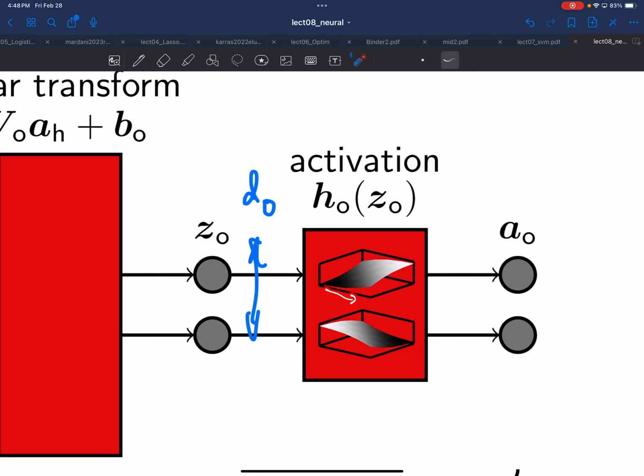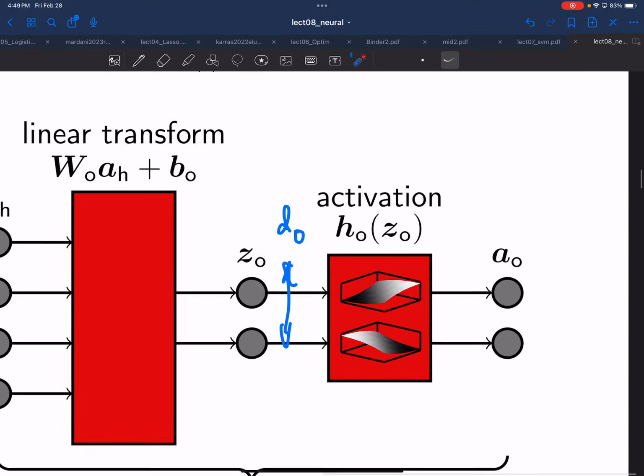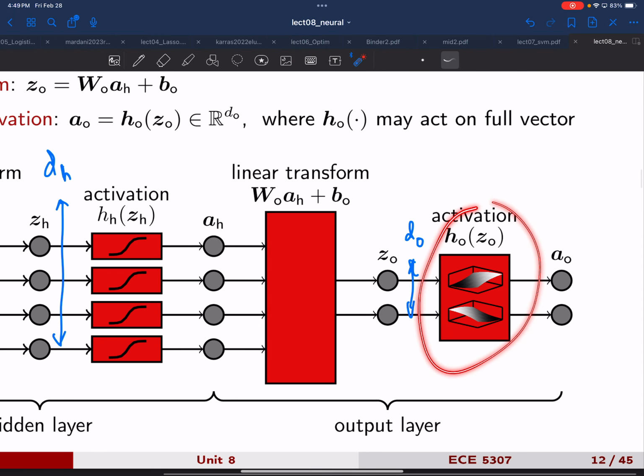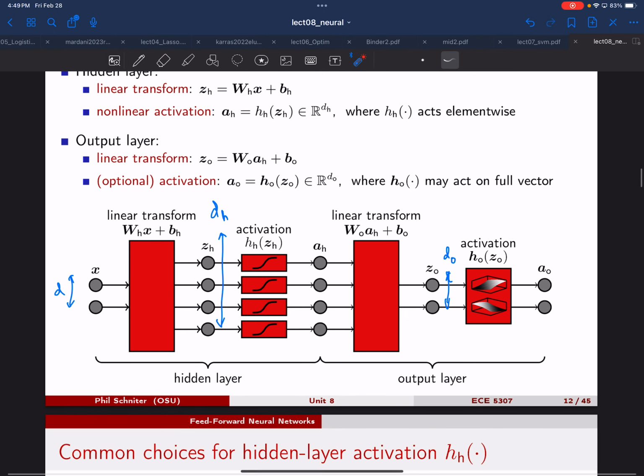And so here it's showing, if you plot, these are the 2 inputs, this would be one of the outputs as a function of the 2 inputs like that, and the other output as a function of the 2 inputs looks like this. So this would just be softmax, which is probably the most common activation here for classification when you have more than 2 labels, but it really could be other things as well.